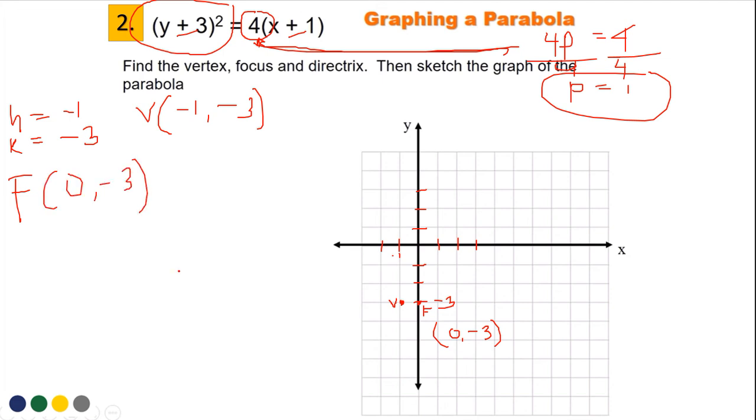Tanong. May tanong ba? Sir, kasama po ba yung Y-axis, sir, sa pagbibilang? Y-axis? What do you mean?